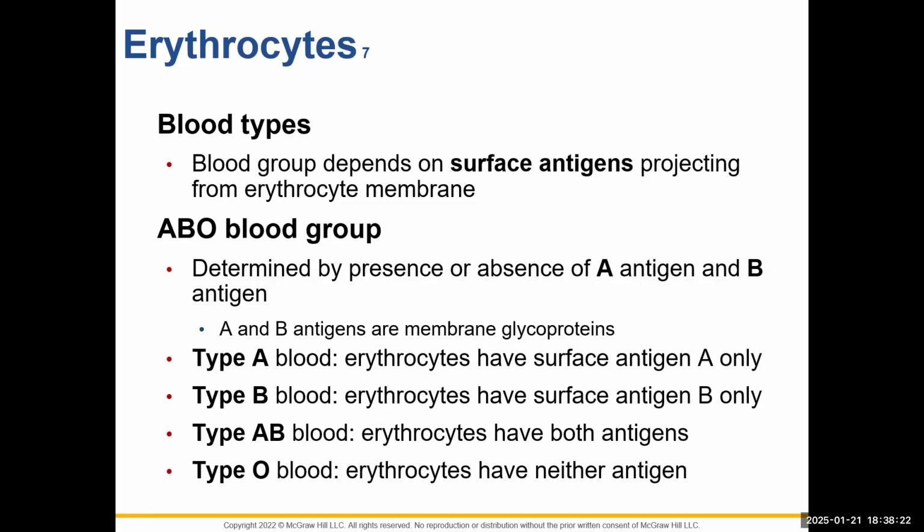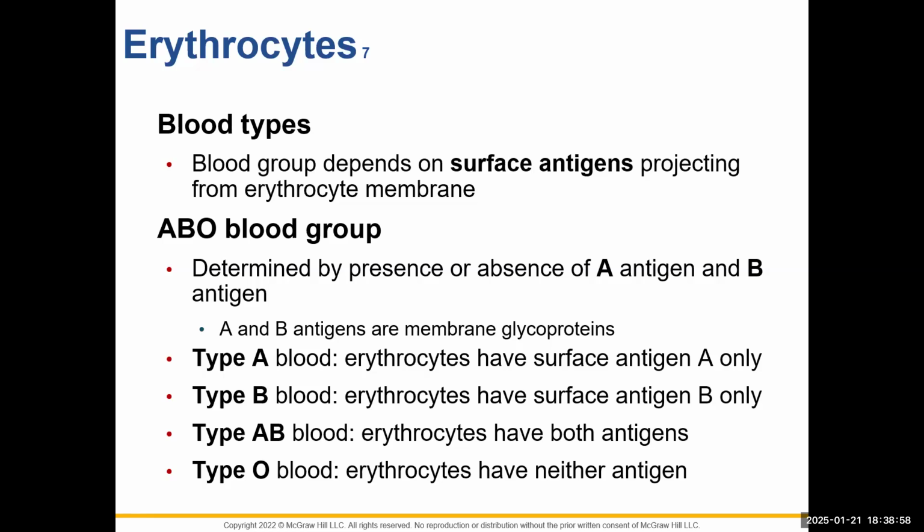But in this case, these surface antigens, these glycoproteins, are found on the surface of our red blood cells. We have a system that we categorize them. Looking at your blood groups on the screen, you have 4 types: type A, type B, type AB, and type O. Depending on what type of surface antigens you have will determine your ABO blood group.